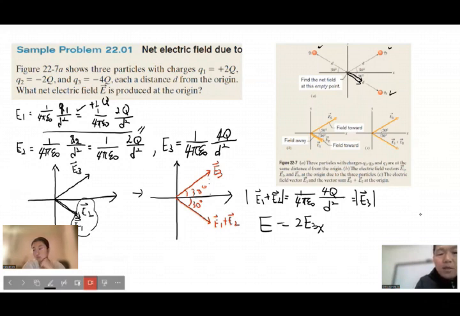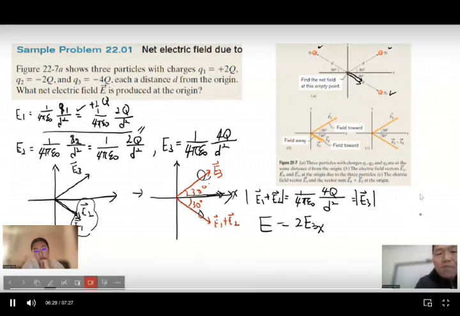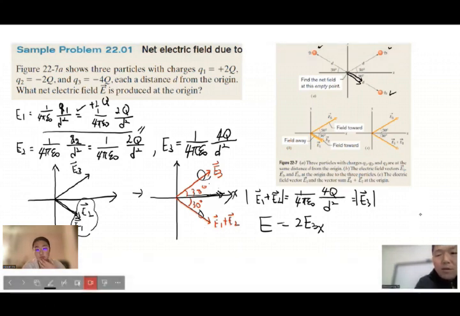So the resulting vector out of those two vectors, this one and this one, should be aligned in the x axis. So there are no y components. All we need to do is estimate the x component of these two vectors and add them together.